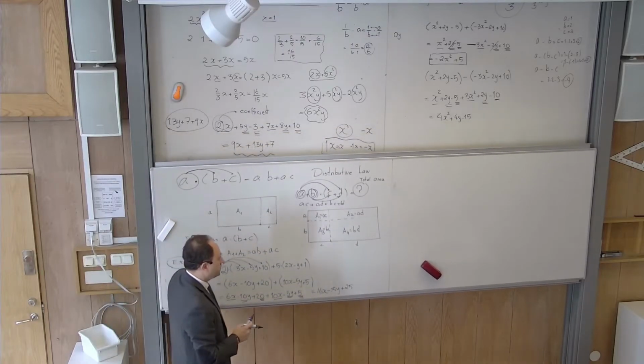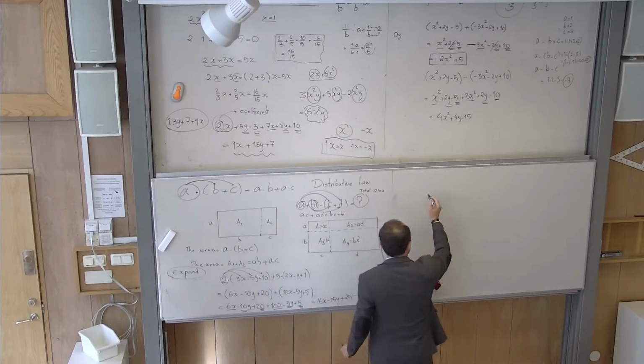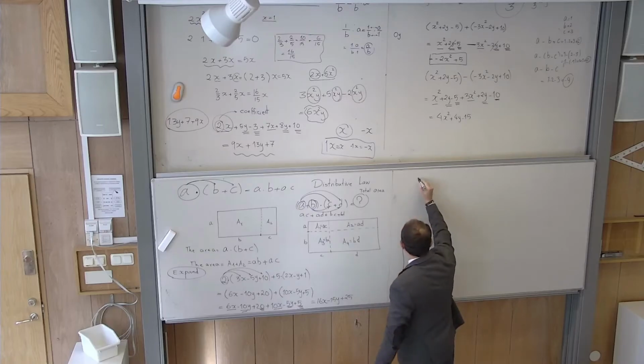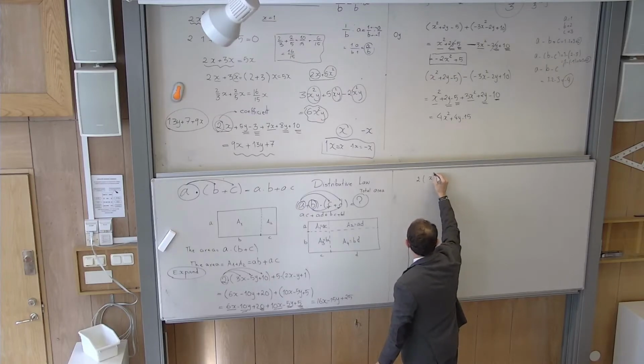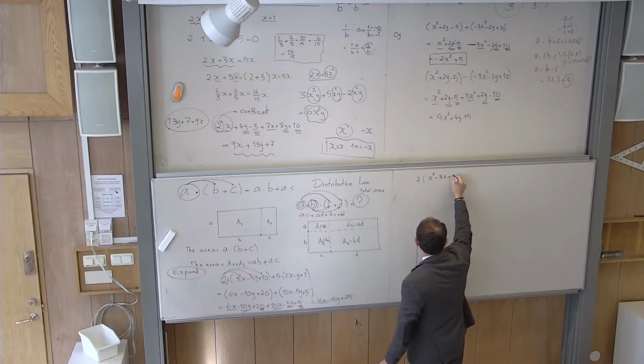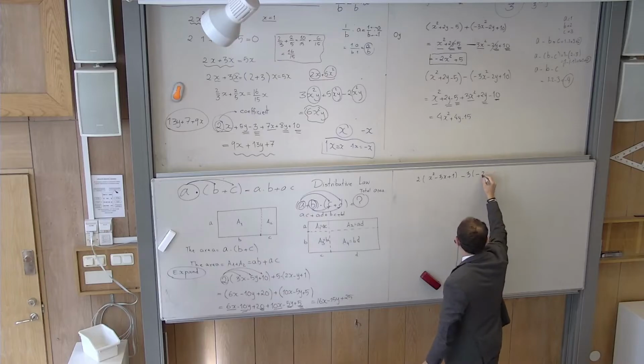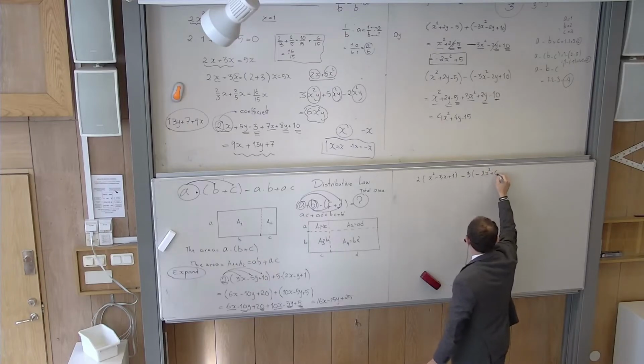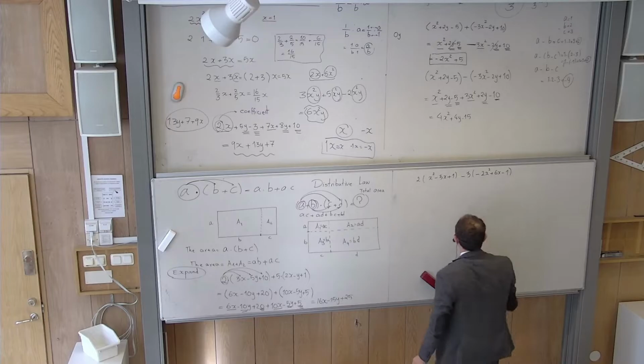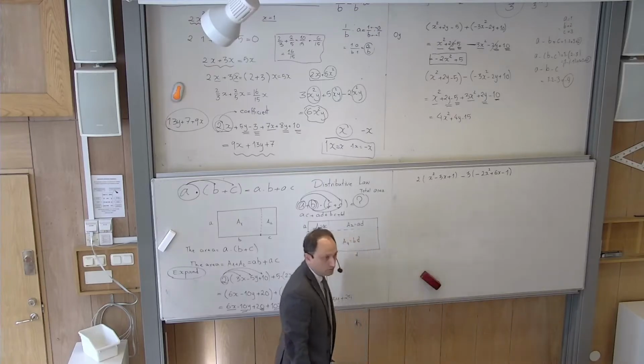What do you think this will be like if I have, for example, 2(x squared minus 3x plus 1) minus 3(2x squared minus 6x plus 1)? If I want to simplify this.